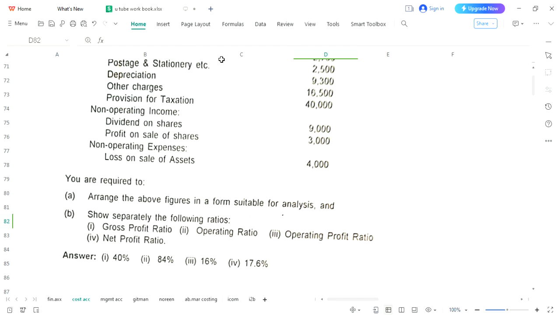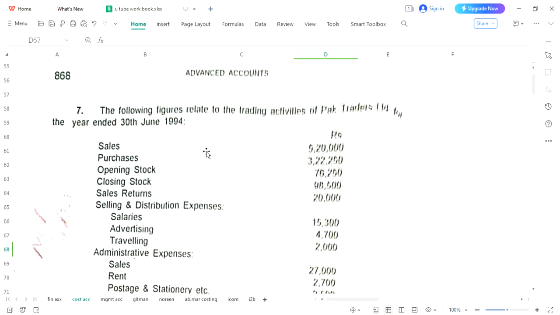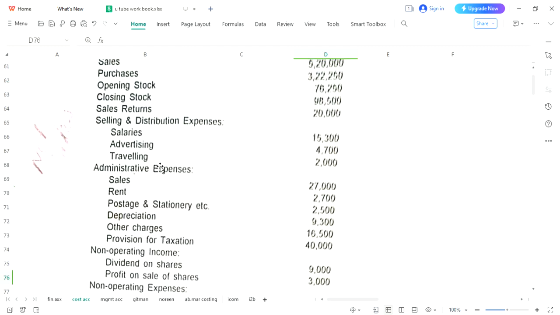Now next part we are going to write, where administrative expenses are also part of operating: selling expenses, rent expenses, postage, depreciation.